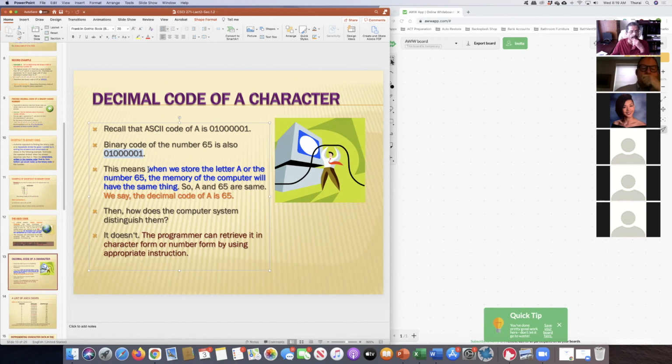So if you add A and B, you'll be adding 65 and 66. The code of B is the same as the code of 66. The computer will do the arithmetic for you. So basically, it's the programmer who decides what you want to do with it and what you don't want to do with it.